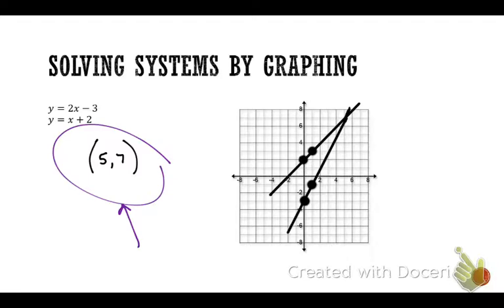They are the solution. The ordered pair is the solution to a system. All right? Will there always be a solution? No. Didn't we just say sometimes there's no solution? So sometimes there's no solution. Most of the time there is, but sometimes there's not.